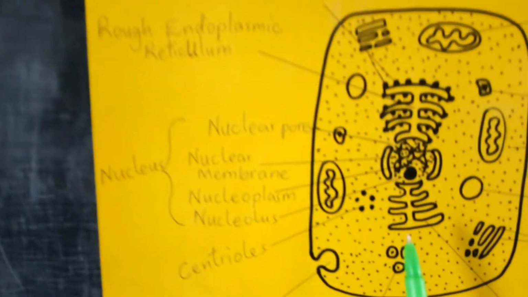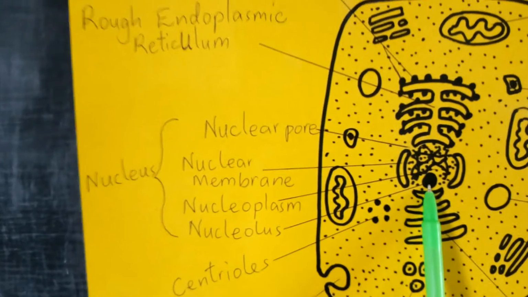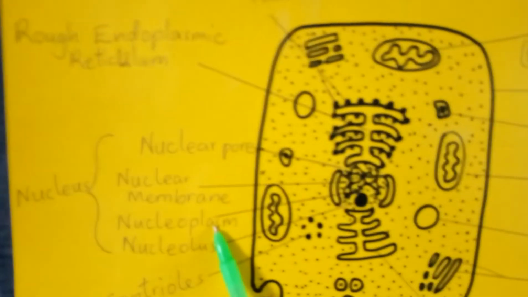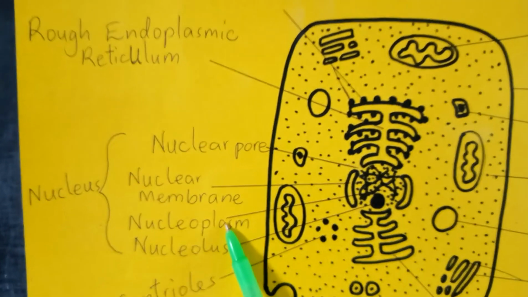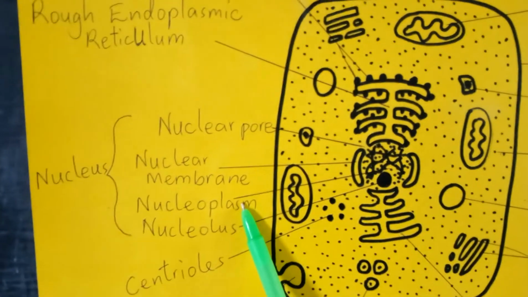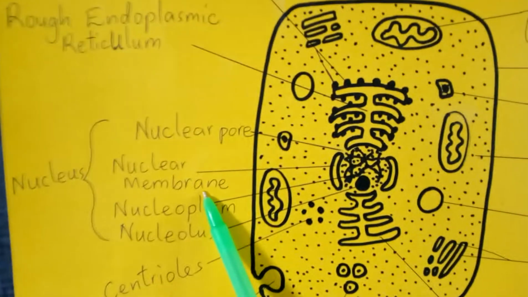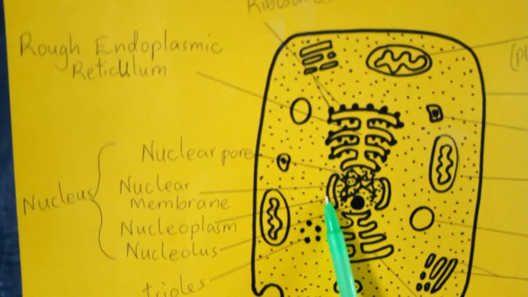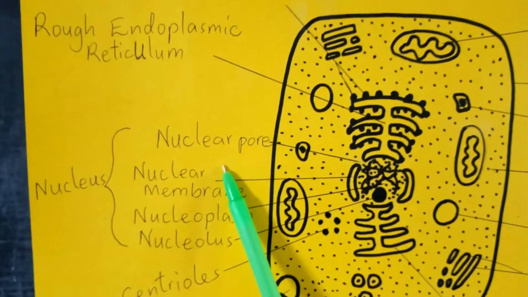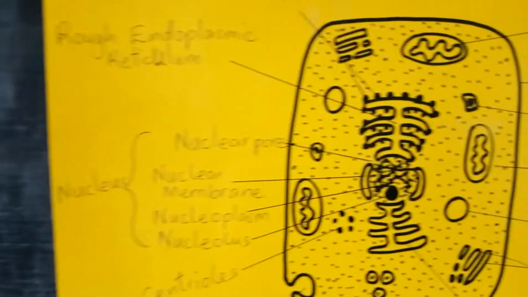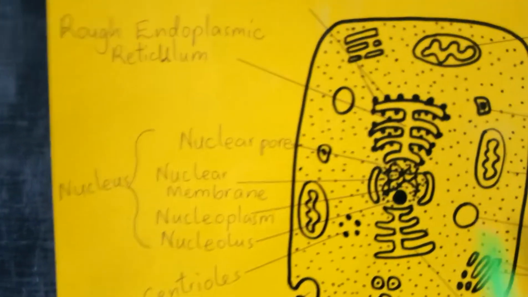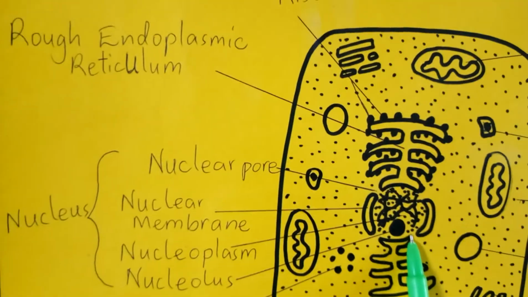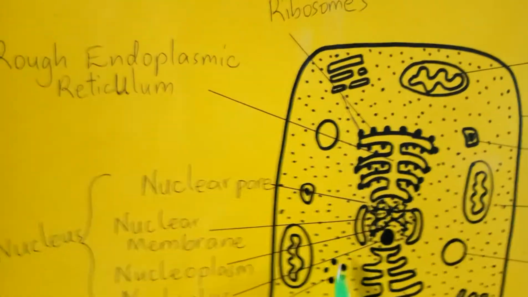Those parts include the nucleolus. Another part of the nucleus is nucleoplasm, which is just the liquid found inside the nucleus. It also contains the nuclear membrane, that is the membrane that covers the nucleus, and it also contains the nuclear pore. These openings here are referred to as the nuclear pores.